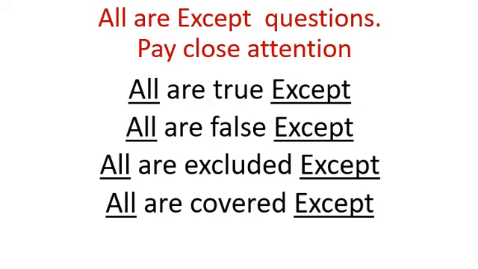So you just want to be careful when answering those all are except questions. You want to pay close attention, and sometimes it helps me if I rephrase that question so that I can understand it better. So for example, if I get an all are true except question, I think to myself, okay, that means that there are three answers in this question that are true, and there's one that is not true.